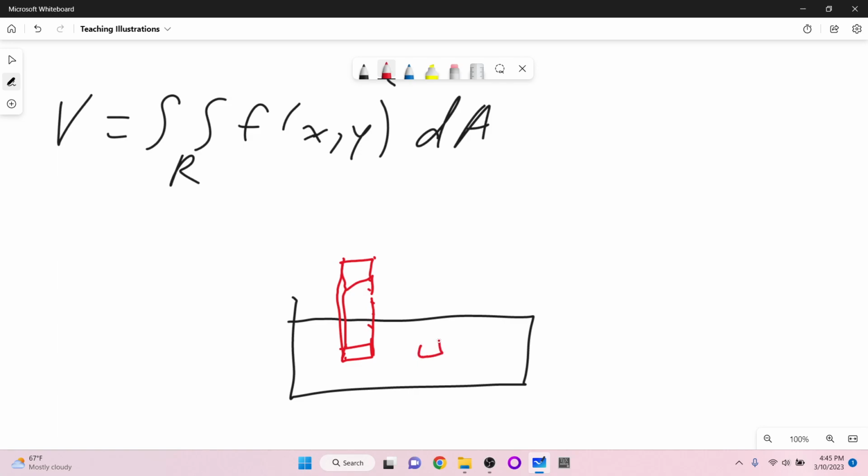Then at another point, we get another little tower that's maybe not quite as high. Then another block, we get a different size tower.